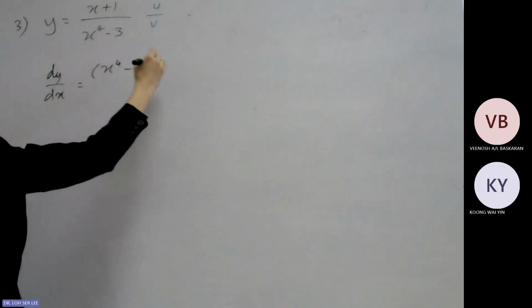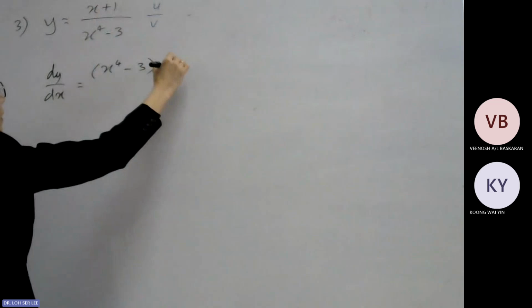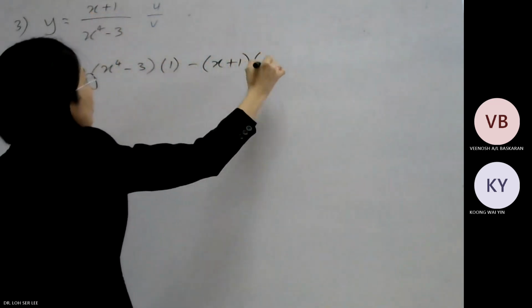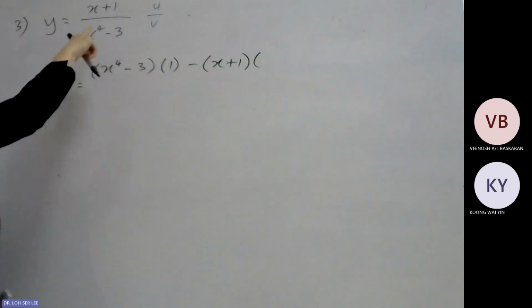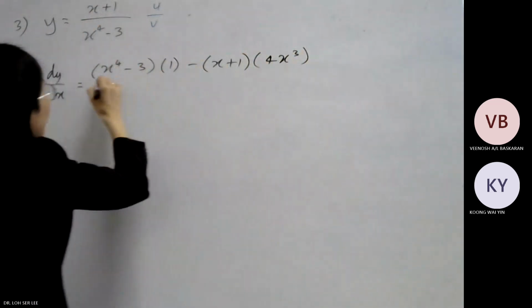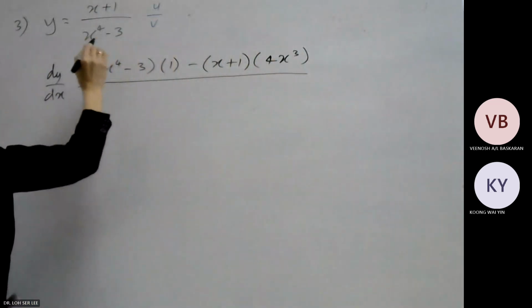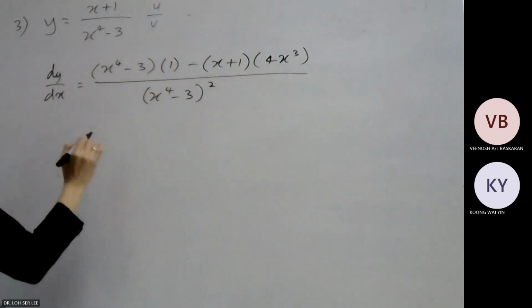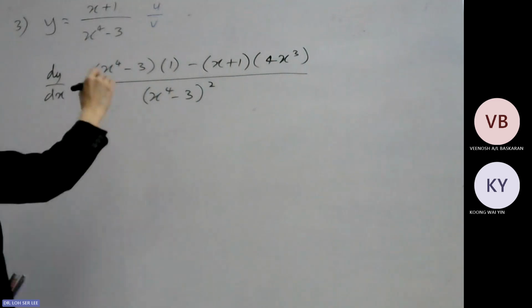Okay, V U prime. U prime is 1 minus U V prime. V prime you get 4x cubed over V squared. Okay, so simplify, expand.